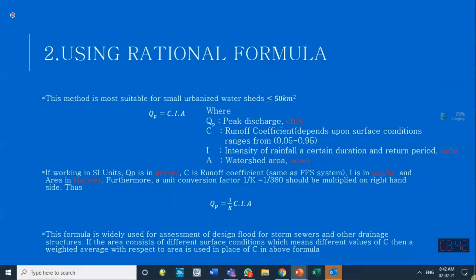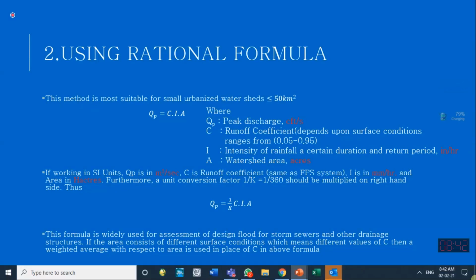The return period concept is that floods of higher values will occur, but their chances of occurrence are less. A flood of 100-year return period is expected to occur once in 100 years. So its value will be higher as compared to a flood whose return period is 50 years. So that value will be less.